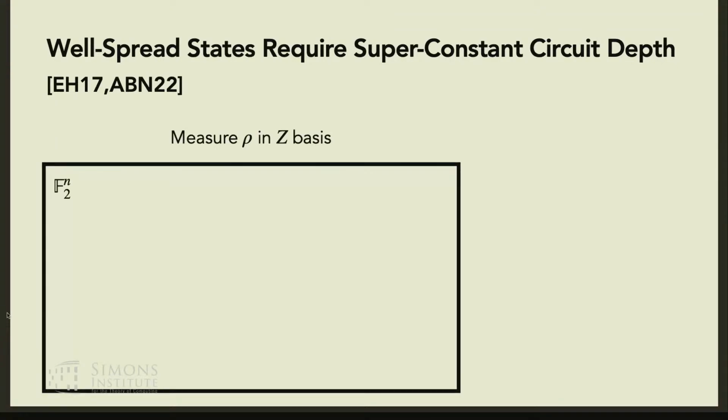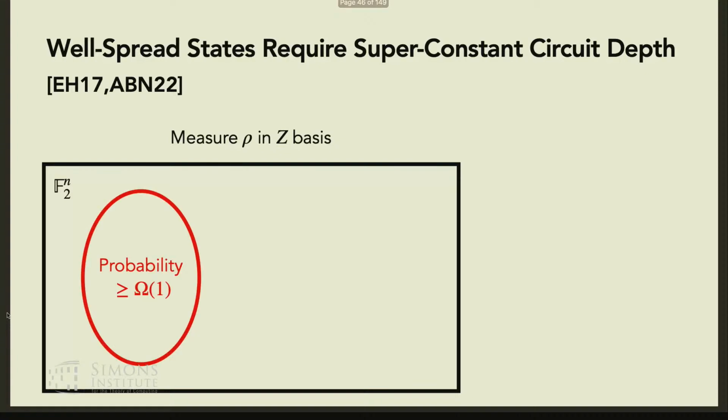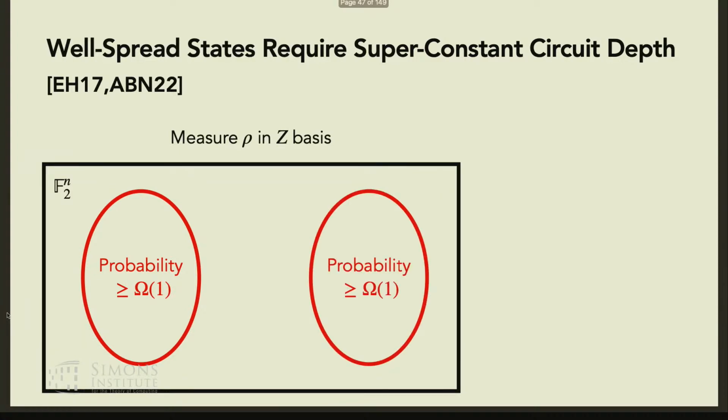Let's say we have some state rho, which we want to measure in the standard Z basis. The output is going to be some probability distribution over length n bit strings, or over the space F2 to the n. And let's suppose that there's some set here that we land in with constant probability, and also some set over here of bit strings that we land in with constant probability, such that these two sets have linear Hamming distance.